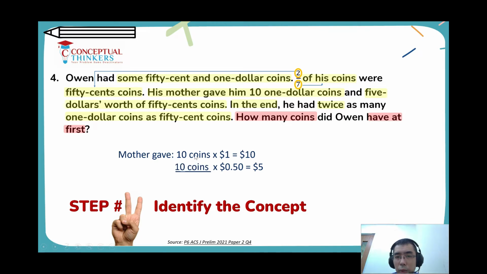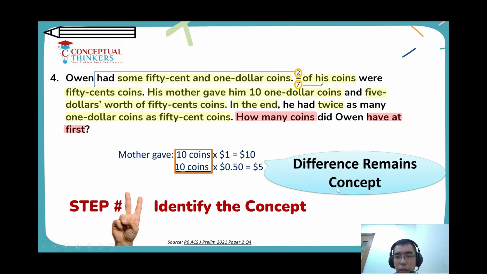So now we notice that the quantity of $1 coins and 50-cent coins that Owen received both increased by 10. So we know that it will be a difference remains concept. Later I'll explain by doing the steps, and you can see why we consider this a difference remains concept.